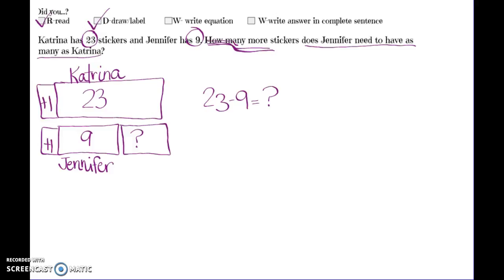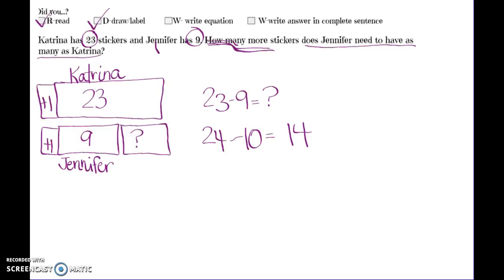So I added 1 to 23, which gives me 24. And then I added 1 to 9, which gives me 10. Now I can subtract a 10 from 24. And 24 minus 10 gives me 14.